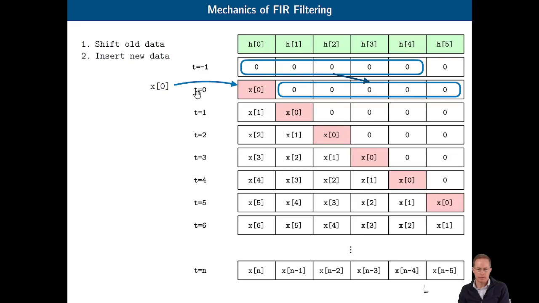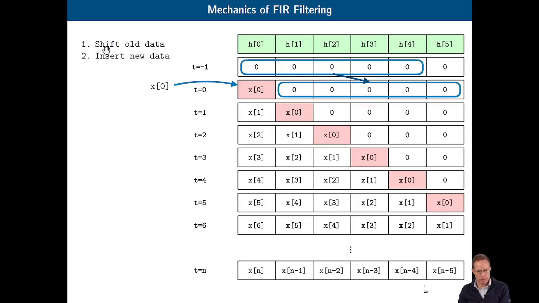And then here at time t equals 0, I'm showing what that array looks like when the first input sample shows up, x0. The way we operate on this array is we shift all of these values over 1 to make room for the new input sample, which we write into that first array element. Notice that the last array element is overwritten, essentially thrown away, as we write these new samples in.